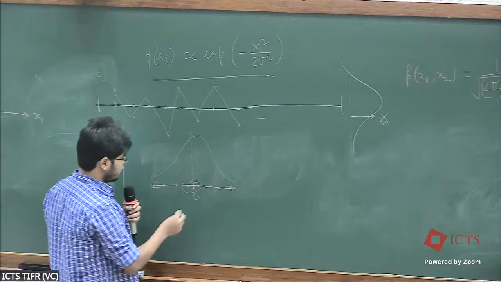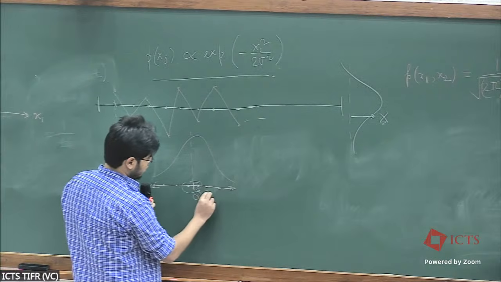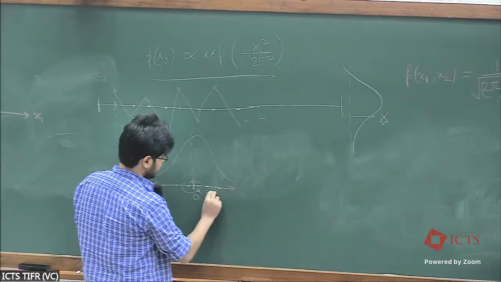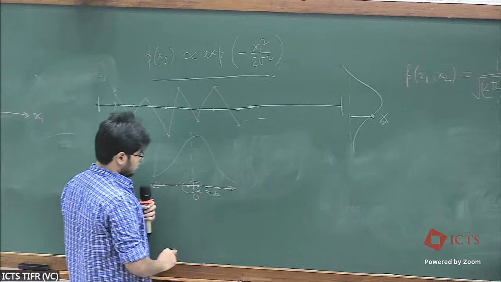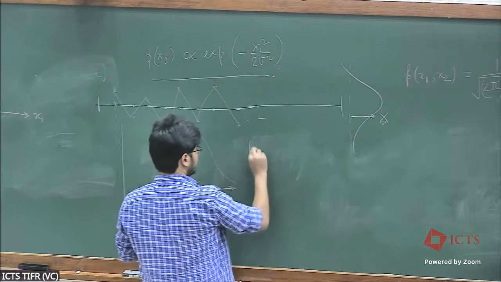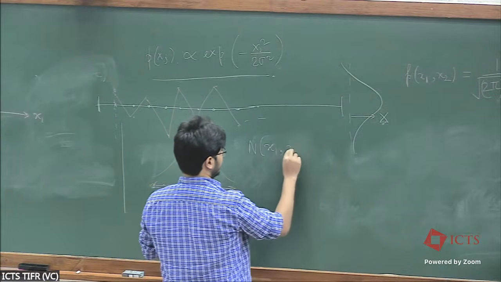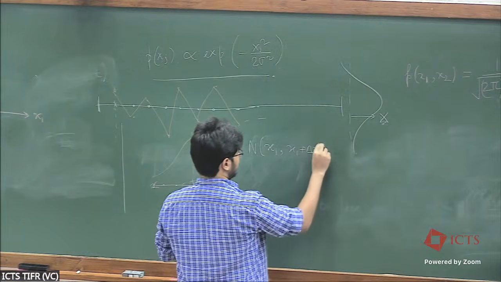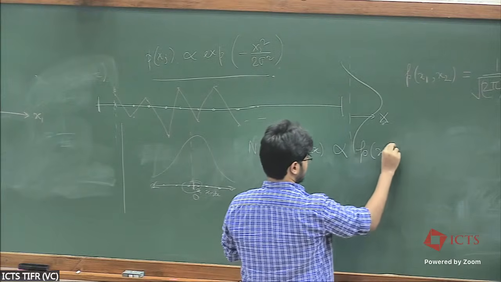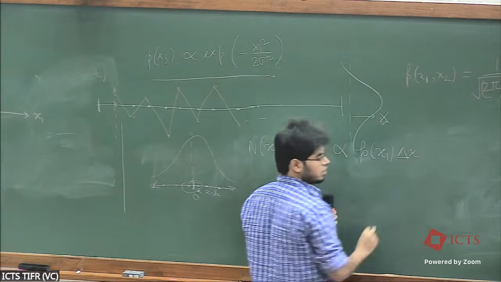So if I take, for example, some interval from x1 to x1 plus delta x here, then I mean that the number of samples between x1 and x1 plus delta x should be roughly proportional to the probability distribution function times delta x.